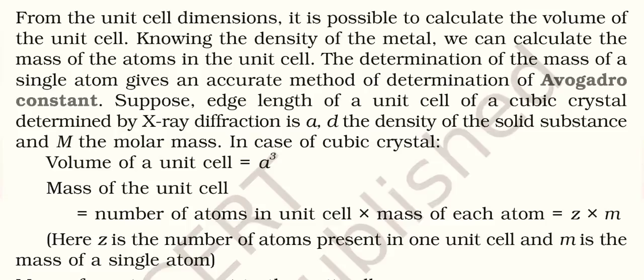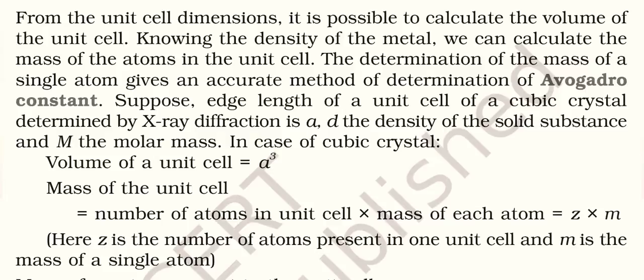Now if you know the density, we can calculate the mass of atoms in the unit cell, and from the mass we can find the molecular mass or atomic mass of the given constituent particles. We can find this by deriving an equation, taking relationships between them. In this case we can find the exact value of the Avogadro number as well.